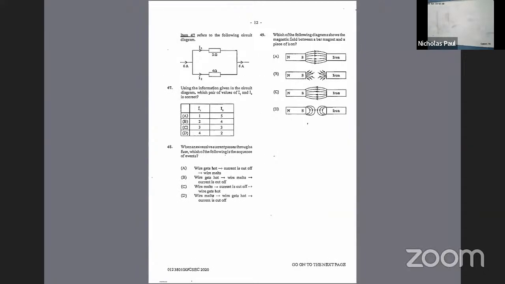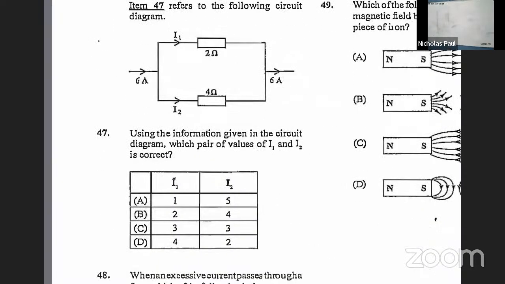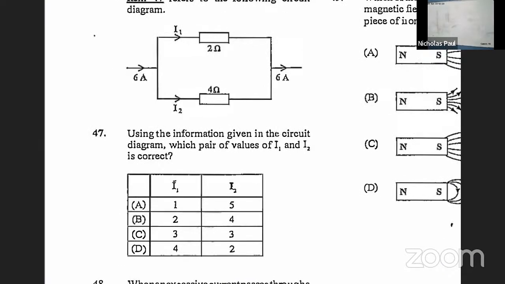47. Nice question here. What do you all think there?